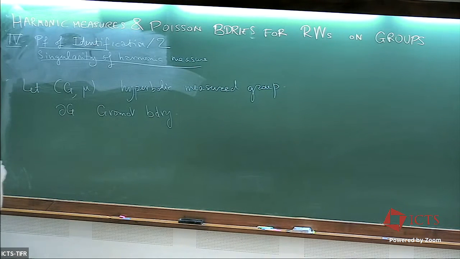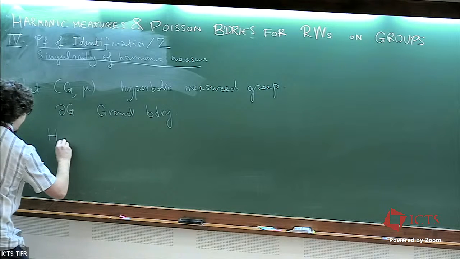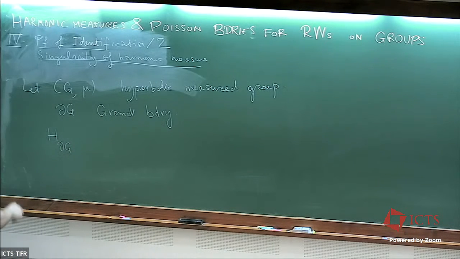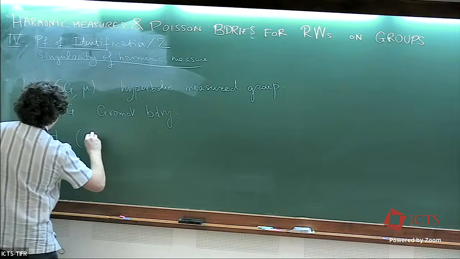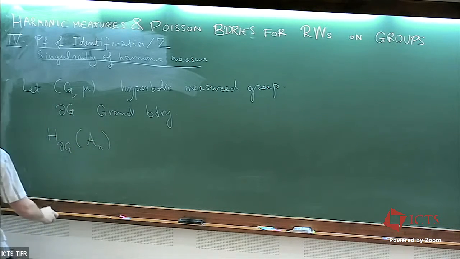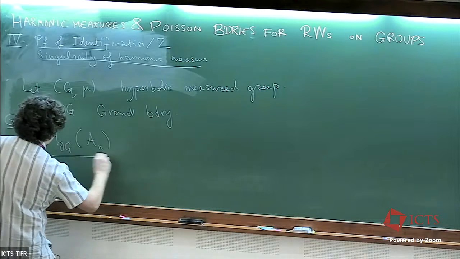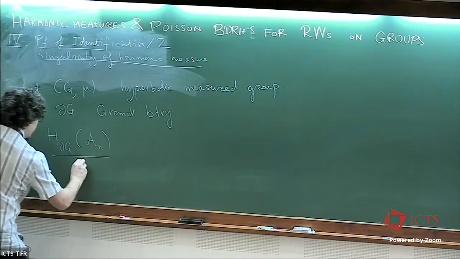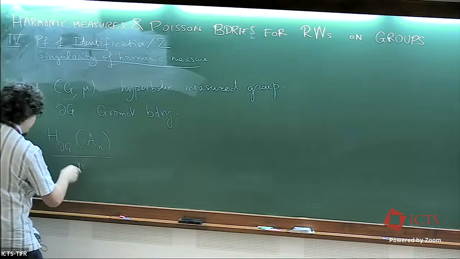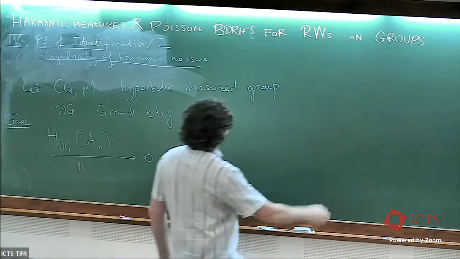Well, recall that we have this notion of entropy. We have the conditional entropy of the partition that yesterday I called A_n. And so the goal is to show that this conditional entropy of the n step of the walk, divided by n, goes to 0.